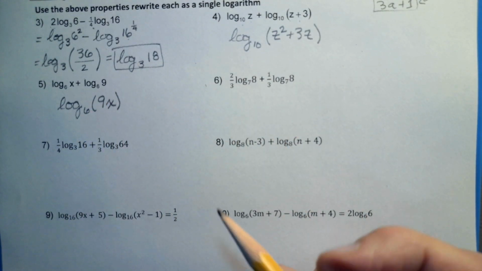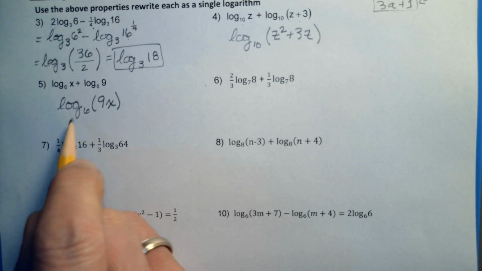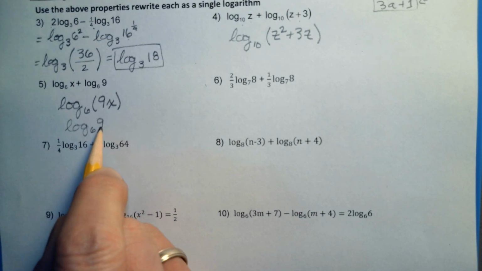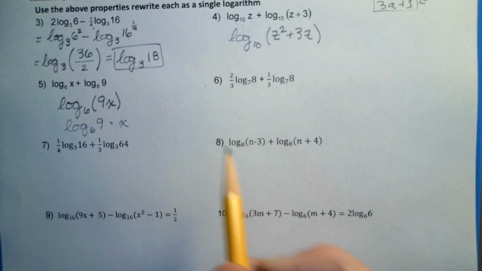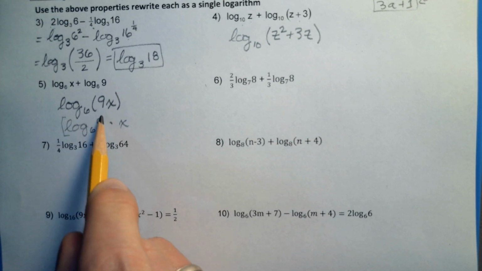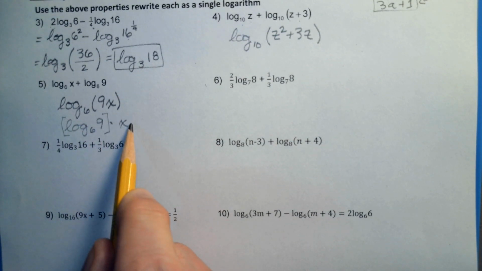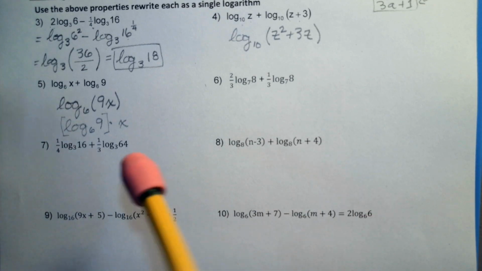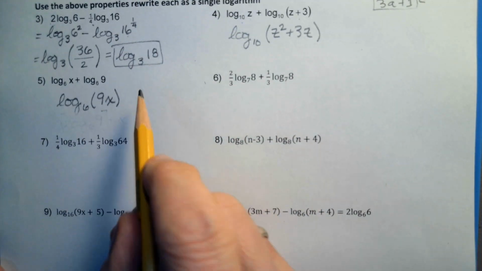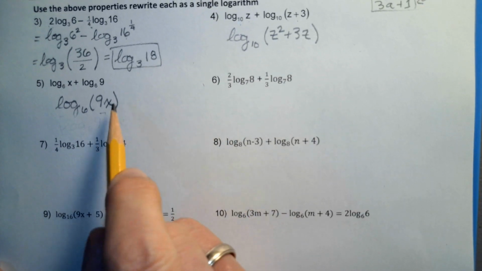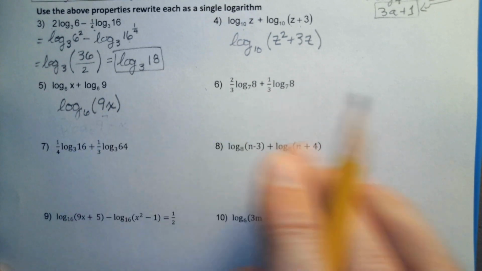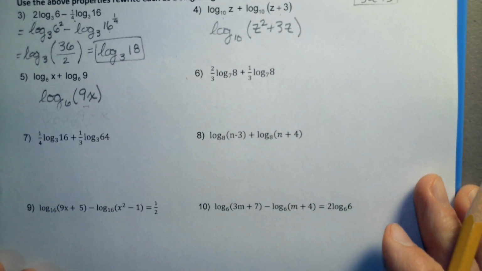I tend to put parentheses because order of operations without the parentheses makes it look like it should be log base 6 of 9 times x afterwards, right? Without the parentheses, I feel like it would be this times x, and that's not what we mean. So your arguments, if it's just a number, like up at 18, or just a variable, are fine. But if it's multiple things, I feel like you should put parentheses around it. You'll find our book does not do that.